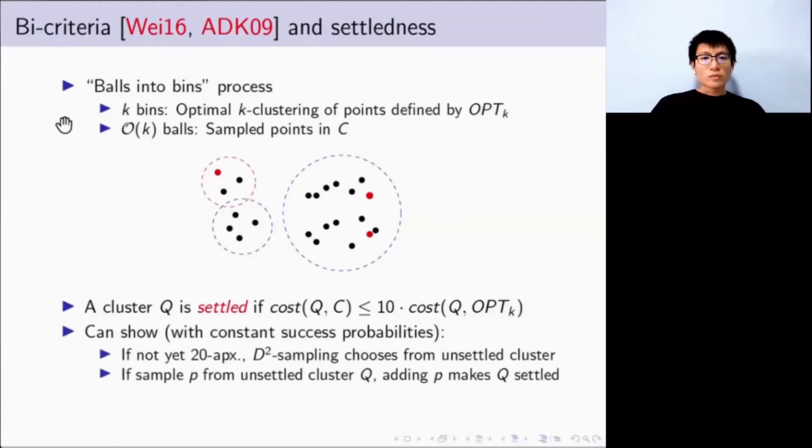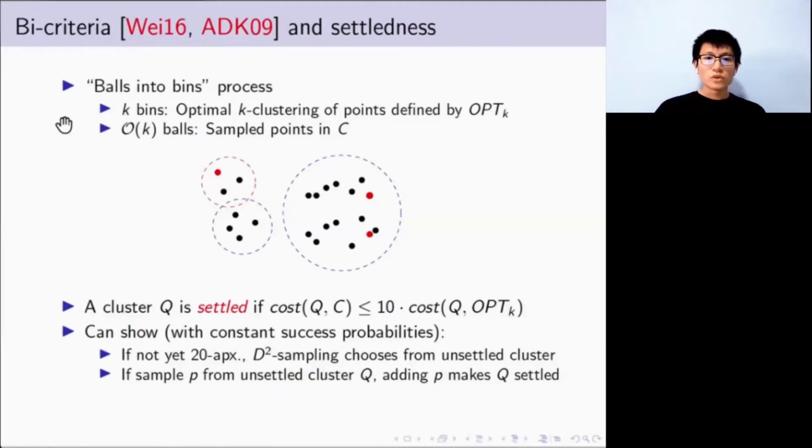So what one can show is that if the current set of red centers is not a 20 approximation, then D-squared sampling will likely pick a point from some unsettled blue cluster, and adding this new sample point will make the blue cluster settled.